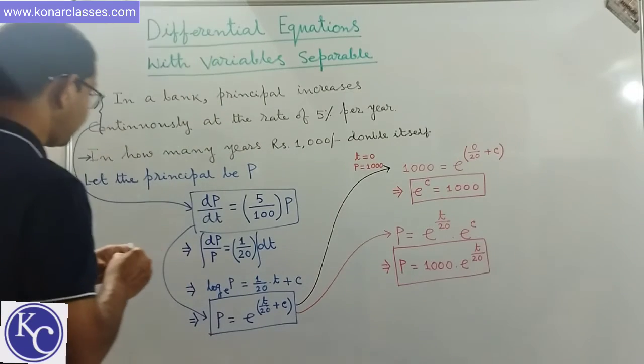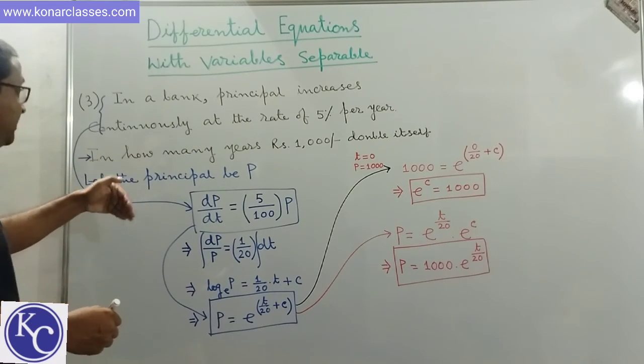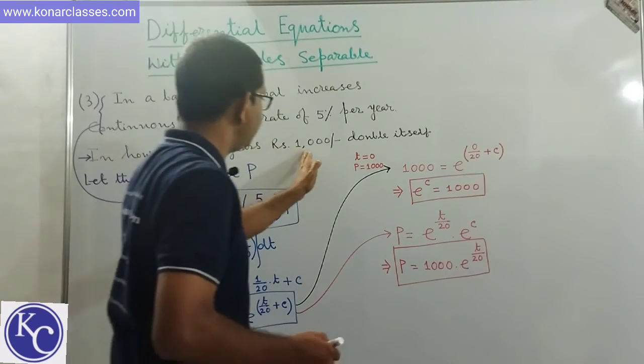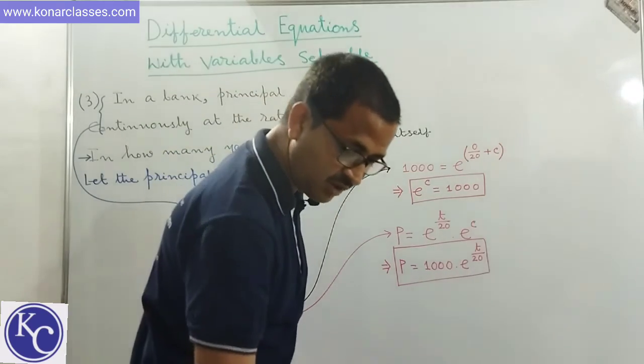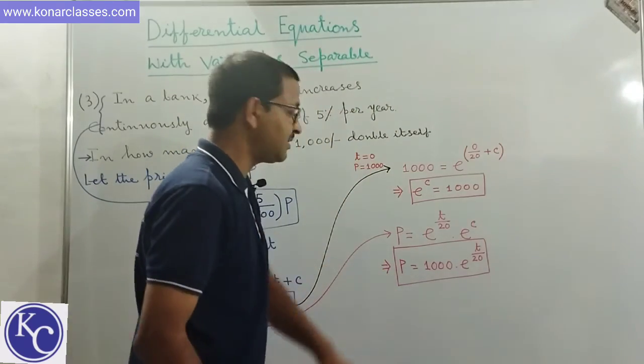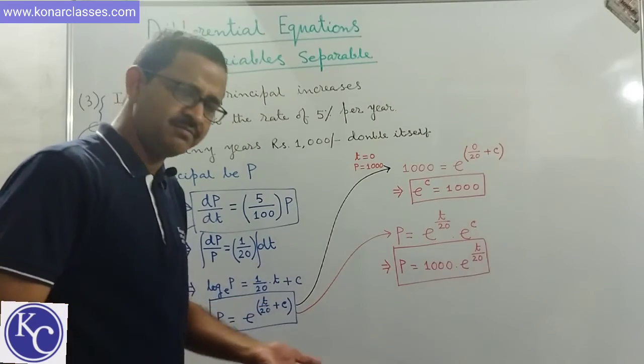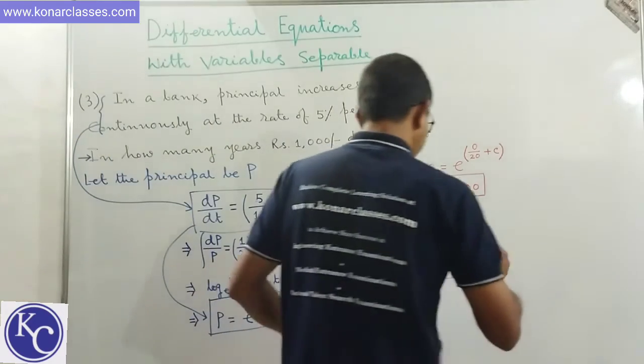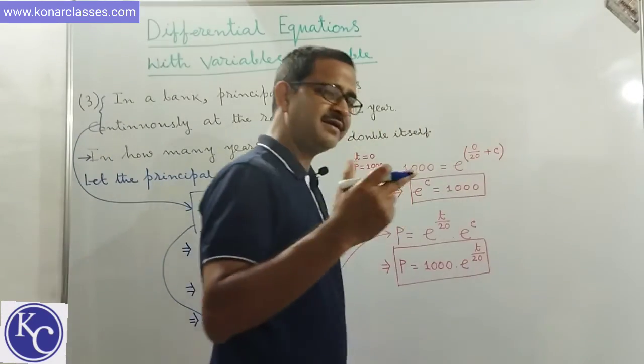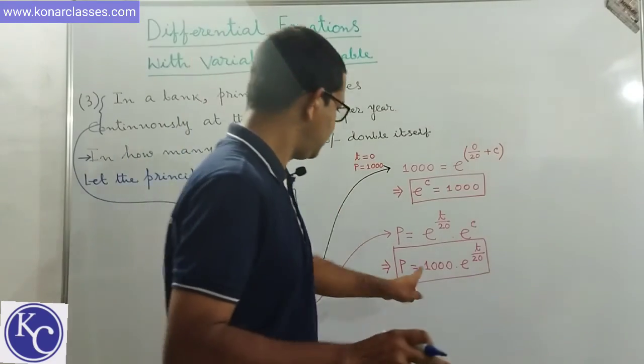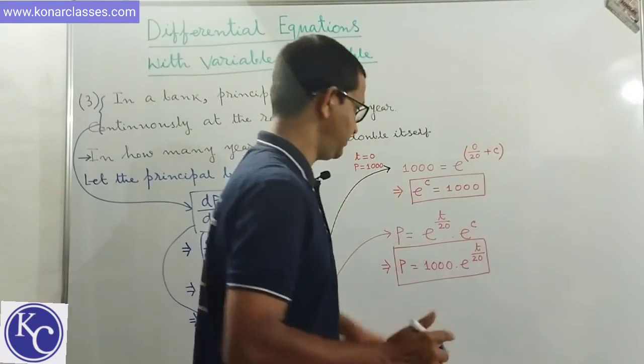Now what is our question? In how many years will that 1000 double itself? The principal 1000 becomes the new principal 2000. At what time? So let us assume that at time t equal to capital T, P becomes double, that means 1000 becomes 2000.